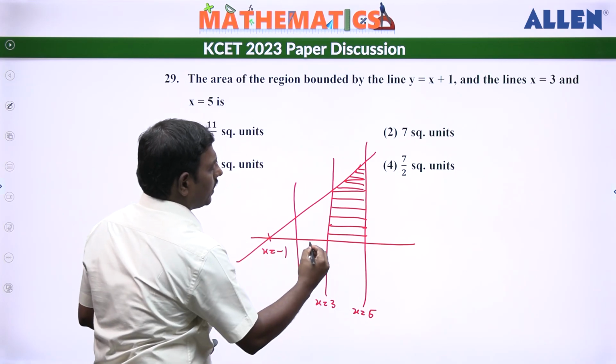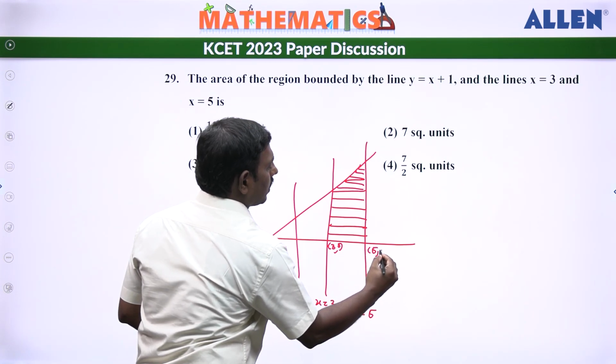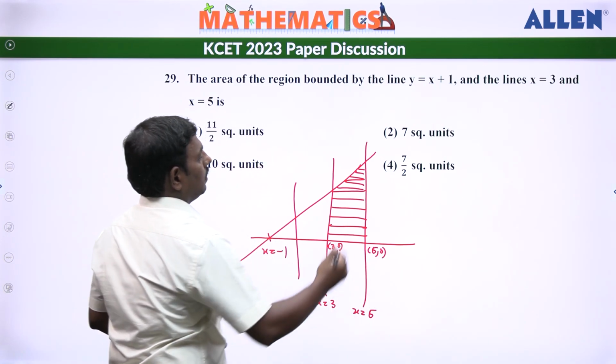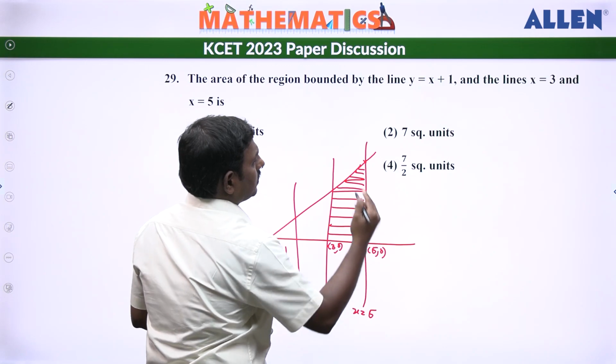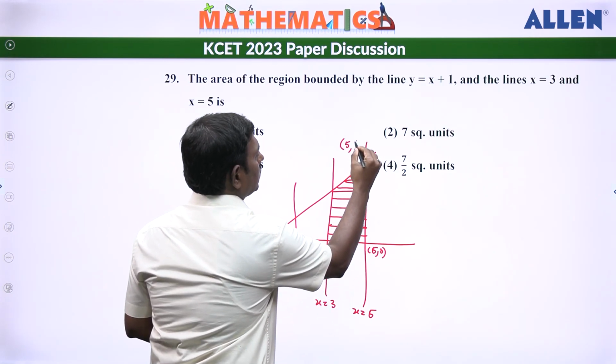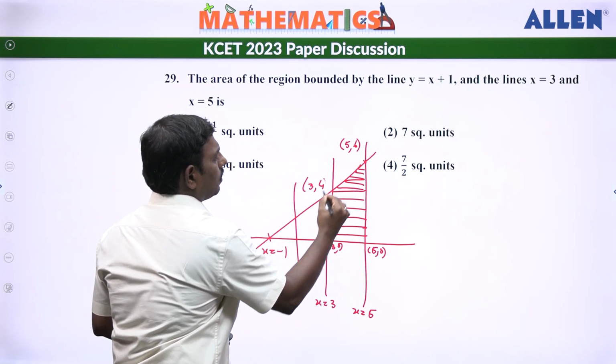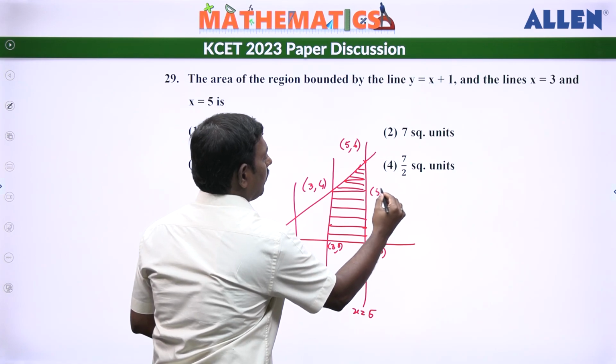We know this point is 3, 0, this point is 5, 0, and when x equal to 5, y is equal to 6, and at x equal to 3, y is equal to 4, this point is 5, 4.